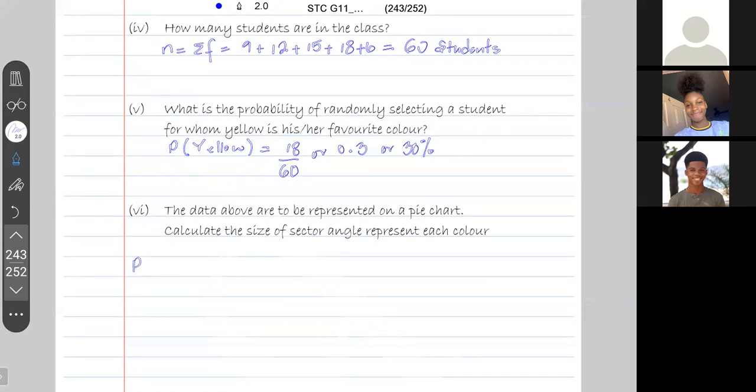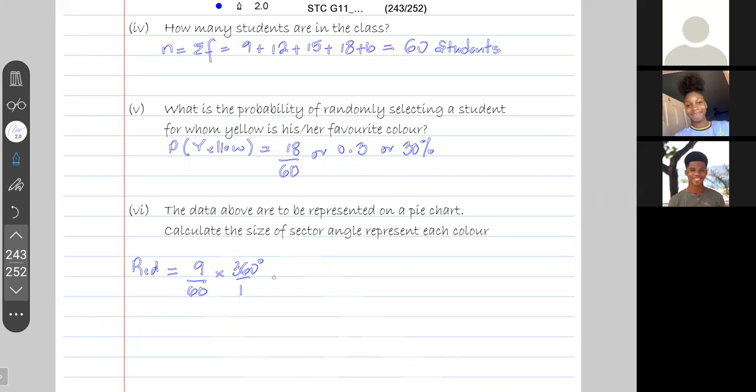First of all, 9 students out of the 60 students preferred red. So that is the fraction of the total number of students who preferred red. If you multiply this now by 360, you will get the sector angle that's represented in red.